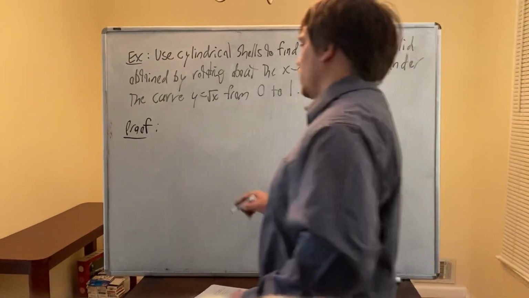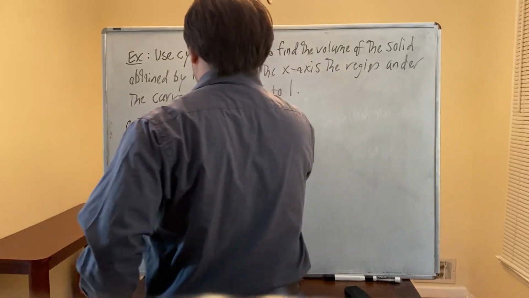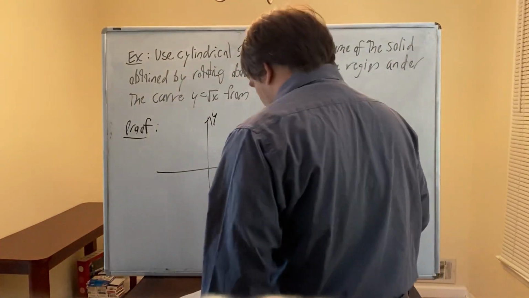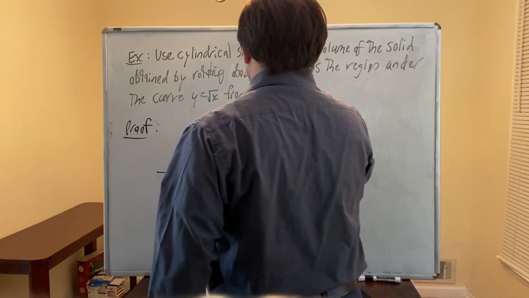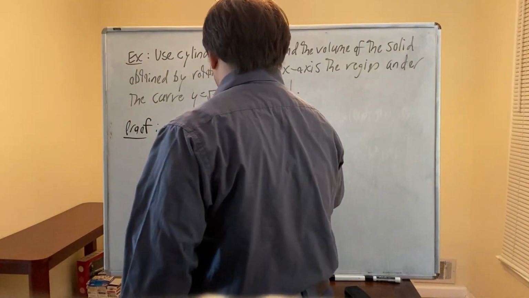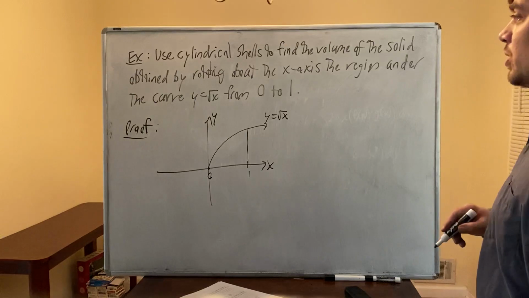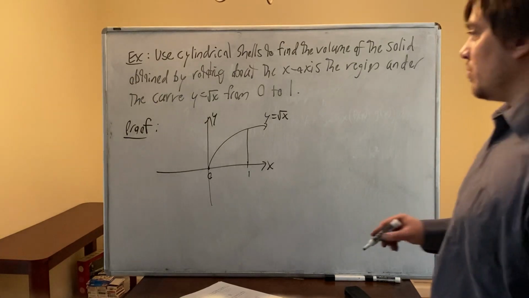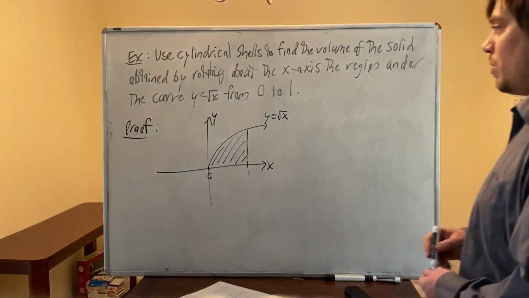Okay, so let's draw a picture of this region. So the x-axis, the y-axis, nice and easy so far. You have the graph of y equals the square root of x. Okay, you have x equals 0, and you have x equals 1. So that's the region under the curve of y equals the square root of x from x equals 0 to x equals 1.